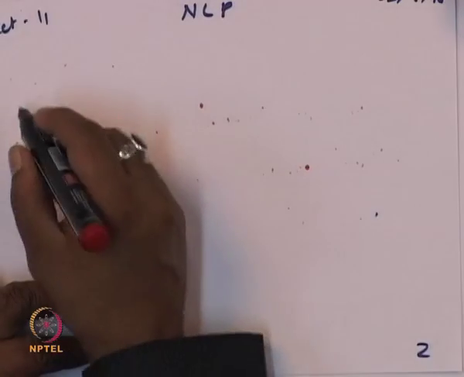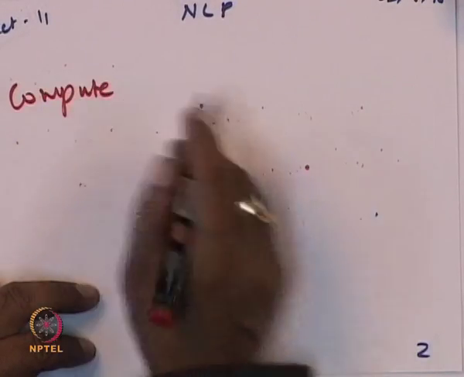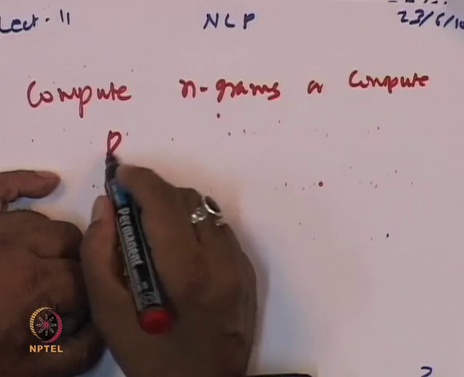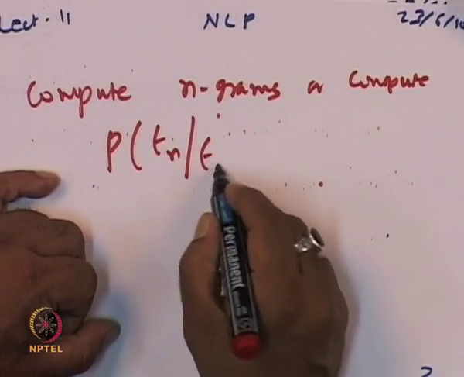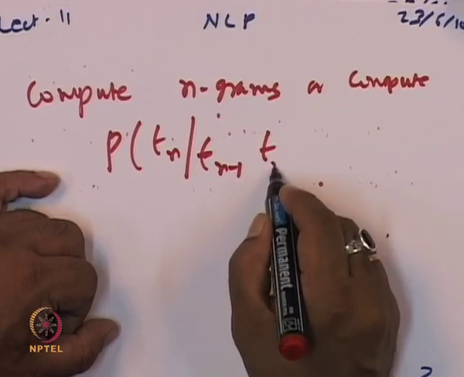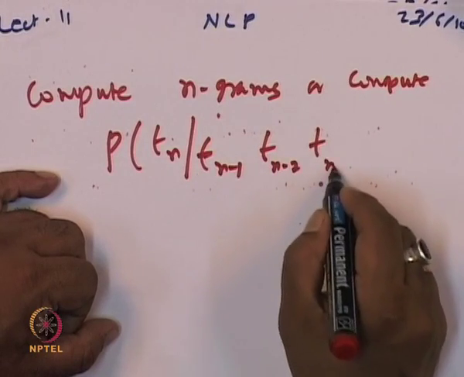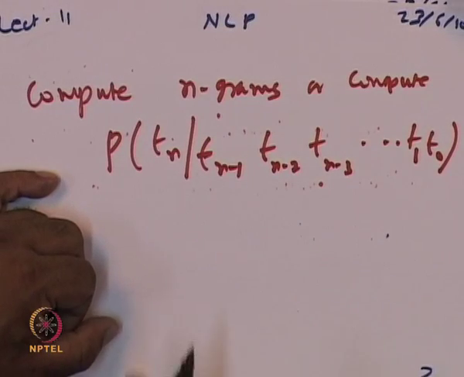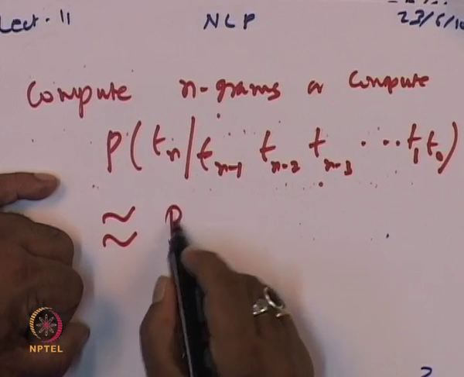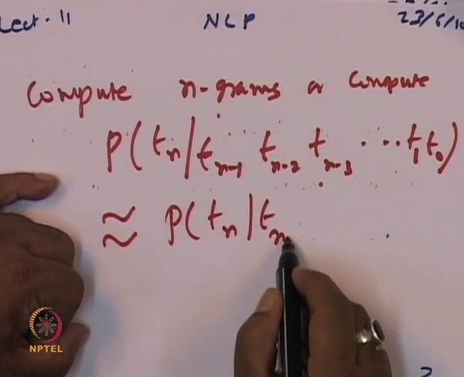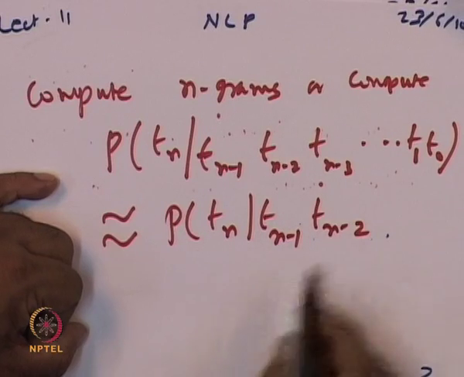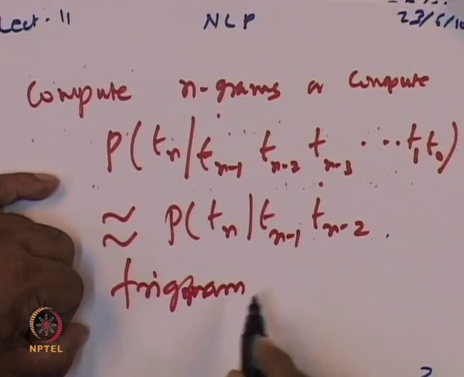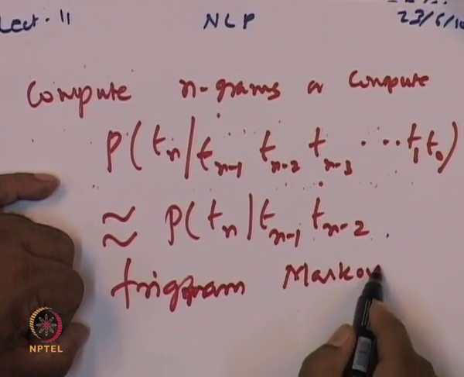After this, from this tagged corpus, compute n-grams or compute P(t_n given t_{n-1}, t_{n-2}, t_{n-3} up to t_0). This we are saying is almost equivalent to P(t_n given t_{n-1}, t_{n-2}). This is the trigram Markov assumption.